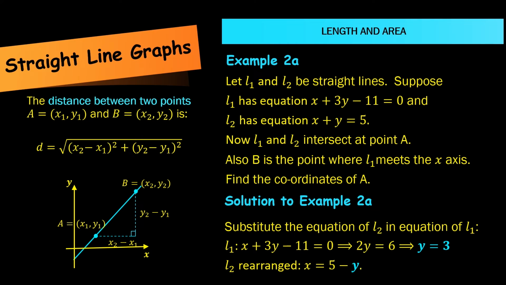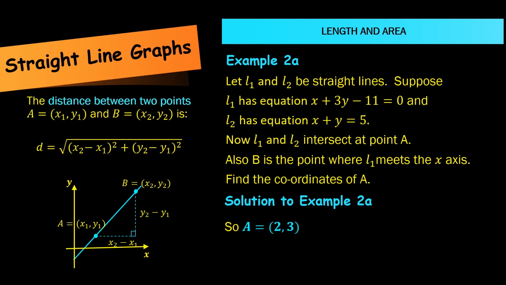And now we can substitute this in the equation L2. So x equals 5 minus y, or x equals 5 minus 3, and therefore x is equal to 2. So the point A is equal to (2, 3).